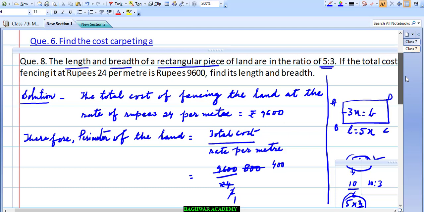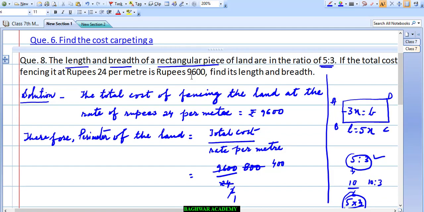So fencing is being done, and the cost given is 9,600 for the total length at the rate of 24 rupees per meter. Now see how it has been solved. The total cost of fencing the land at the rate of rupees 24 per meter is equal to 9600.